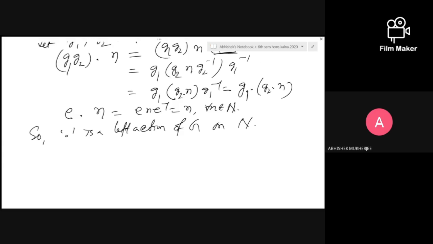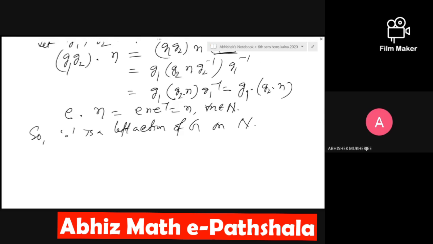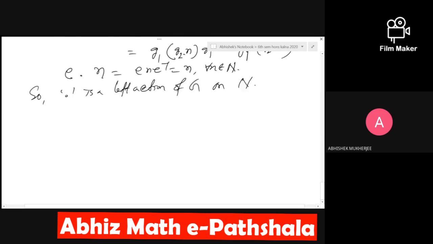So this can be viewed as a homomorphism from the group that we have considered, from G to the group of permutations. Okay. So let us have a look at this discussion.